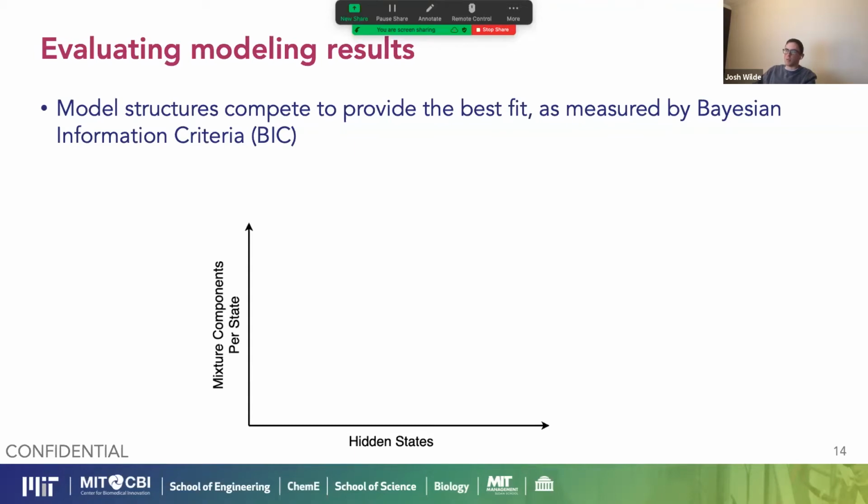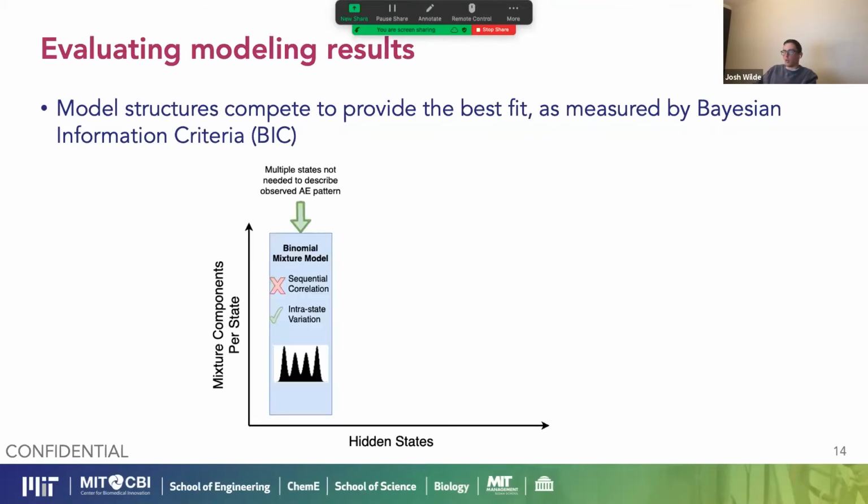And the second is the number of mixture components that are available to be fit for each state in the binomial mixture model. And based on which of these structures provides the best fit to our data, based on the Bayesian information criteria, which penalizes model complexity and rewards high likelihoods, this can tell us something about the structure of the data that we see.